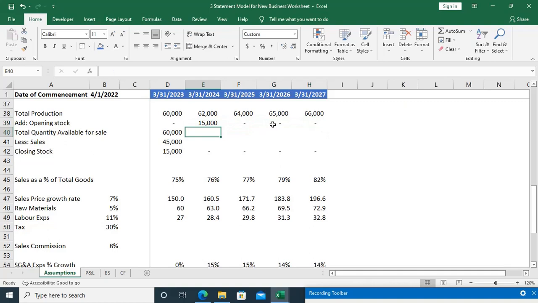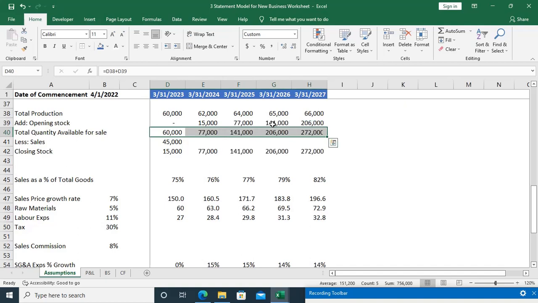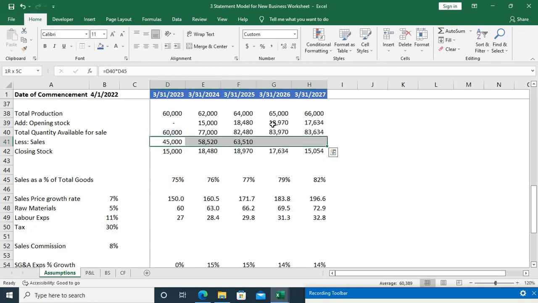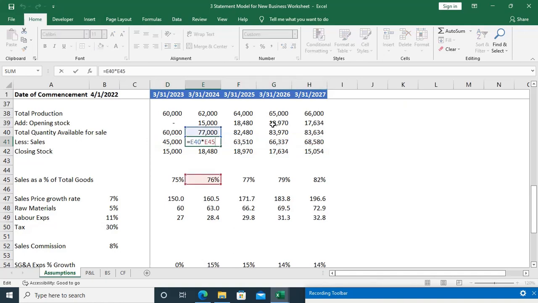So now the total quantity available, I can copy it, and as I copy, the sales amount which I incurred here, I can also copy. If you just go here and check it, the sales quantity is clearly given here.